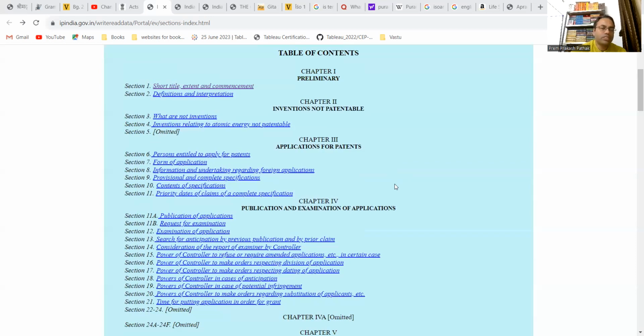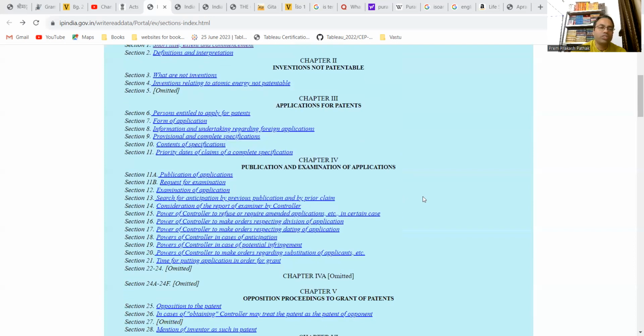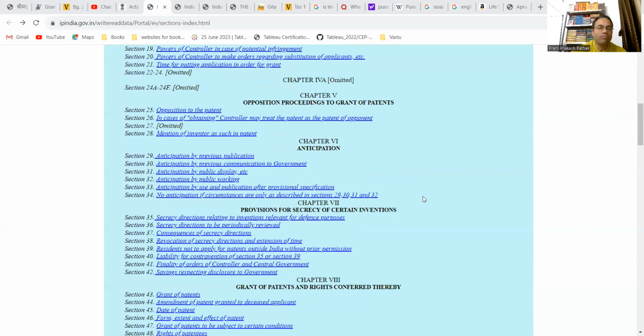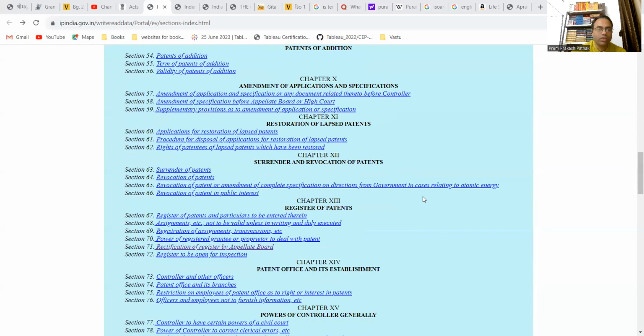Then Section 9, provisional and complete specification, Section 10, contents of specification, Section 11, priority dates of claims of complete specification. So in this way, I would request you to read and memorize all the sections.